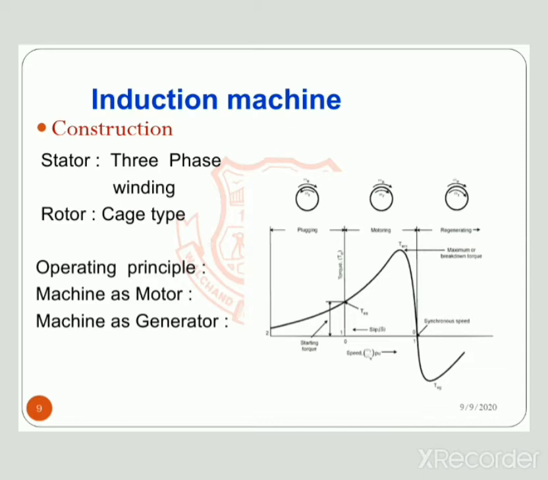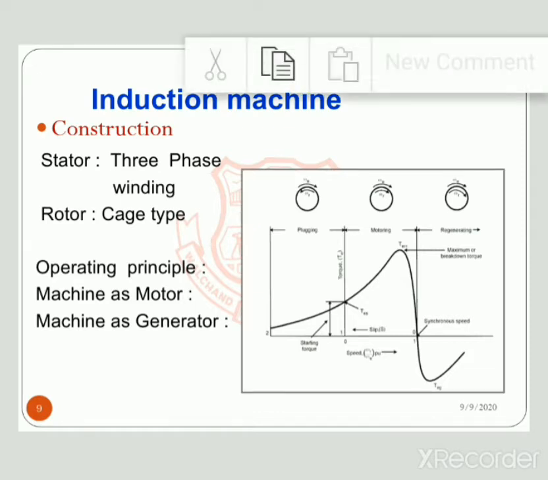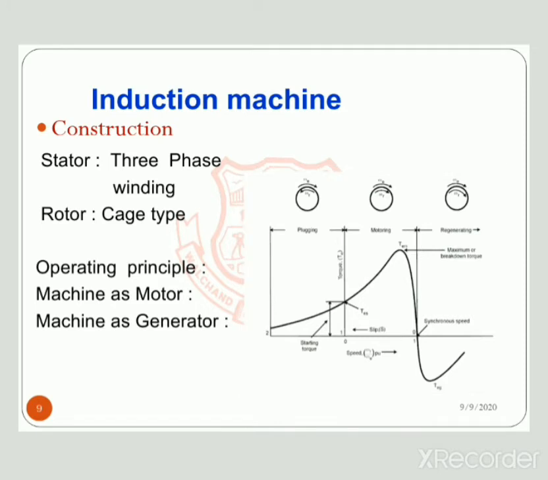At the maximum or breakdown torque, the level is higher. According to the starting torque, the higher torque is available where the wind speed is higher, and it goes down until the torque is zero, which is also called synchronous speed. So this is the graphical presentation.